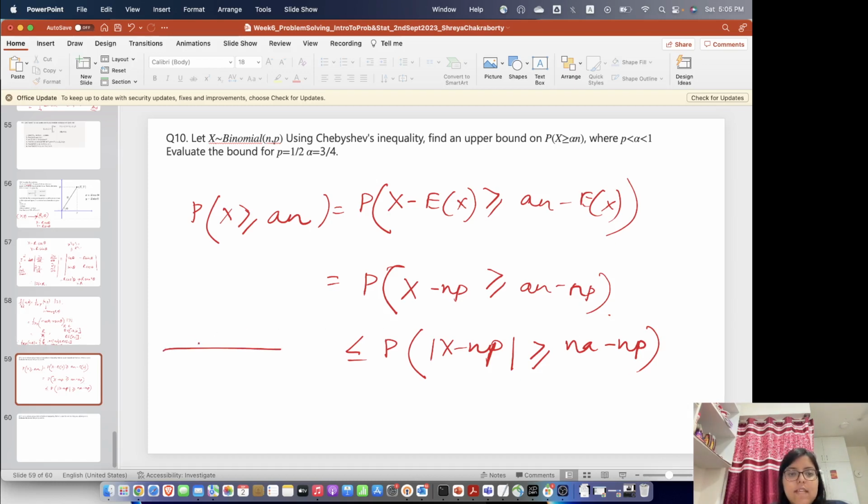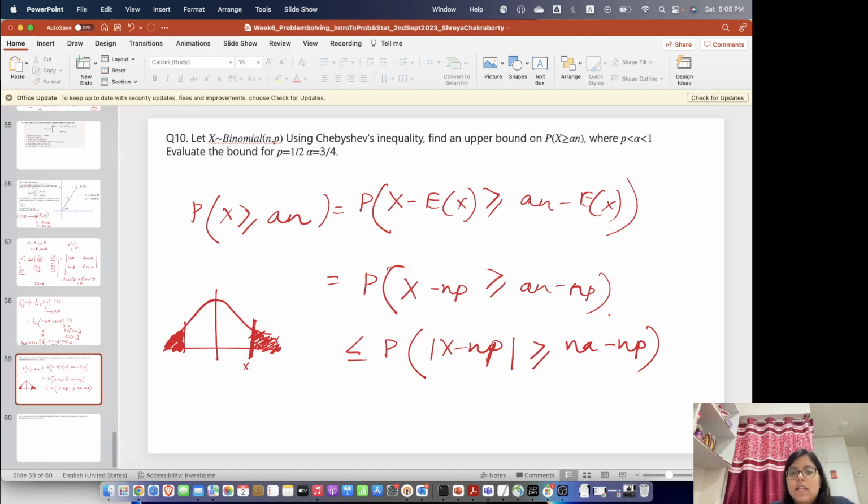Because if we have something like, let's say, a symmetrical distribution about 0, then the one-sided area will be less than, if we consider the modulus, the entire region together. So the one-sided area is of course less than the total two-sided area combined.